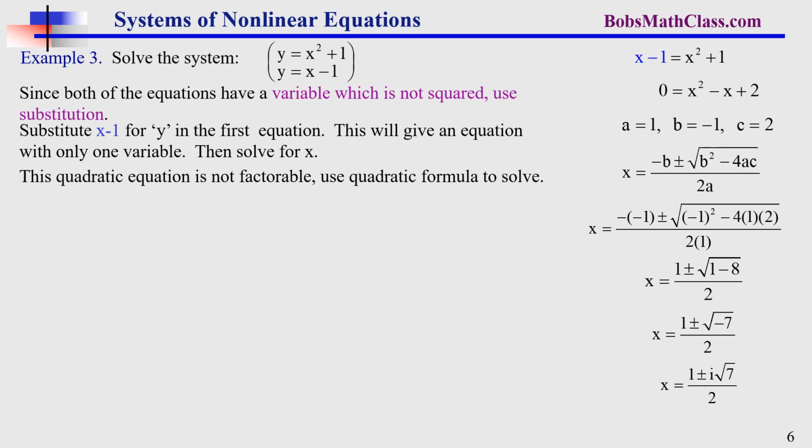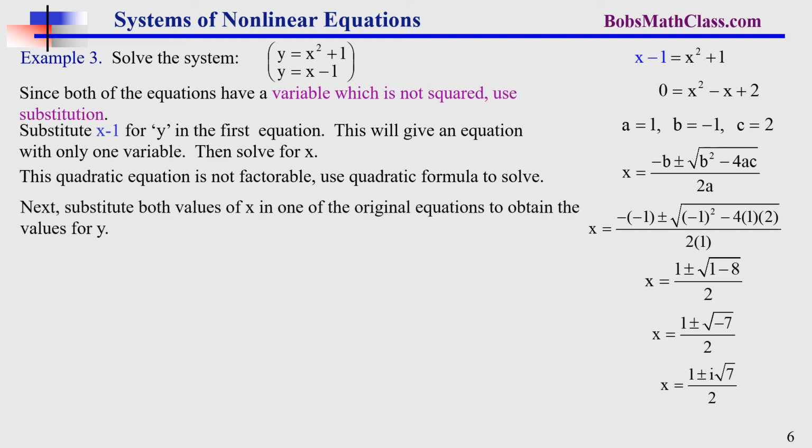Okay, so we're going to plug that x in, and we could use either the top row or the bottom row. I think it's probably easier to use the bottom row. So let's use the first one. x equals 1 plus i square root 7 over 2. We're going to use the bottom row, which is y equals x minus 1.